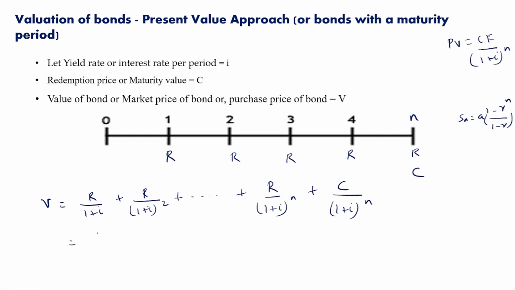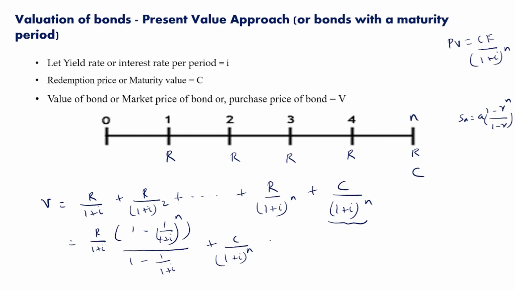So the first term is R by 1 plus I into 1 minus the common ratio, 1 by 1 plus I the whole raised to n, upon 1 minus 1 by 1 plus I, plus we have this term, the present value of the redemption price or the maturity value, plus C by 1 plus I the whole raised to n.